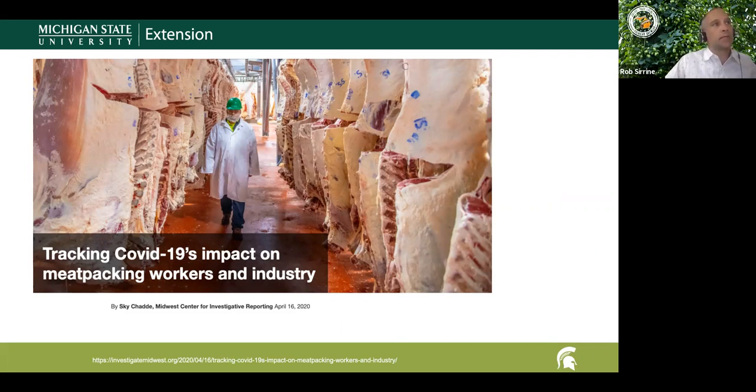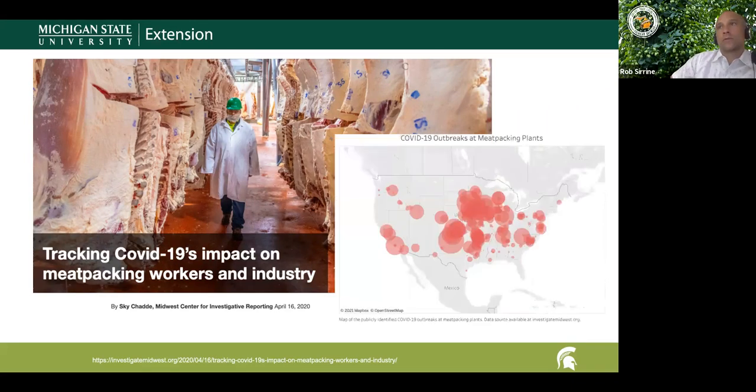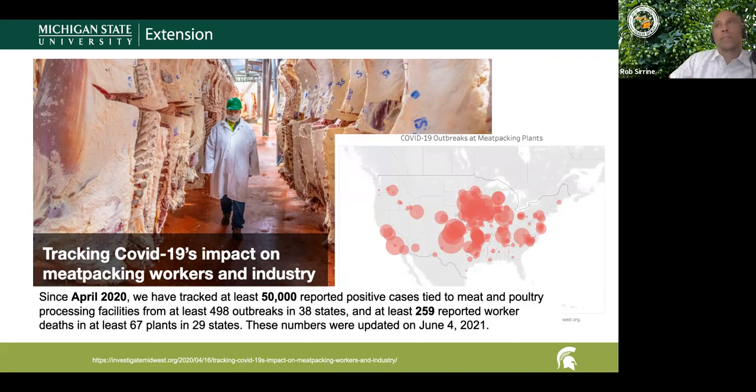In these consolidated systems, you have farmers, workers, and the environment that are interconnected, so that when a problem hits one part, it can quickly engulf another. And so this is a major financial hit for farmers who euthanized 300 to 800,000 hogs, 2 million chickens, and then you have the health impacts as well.